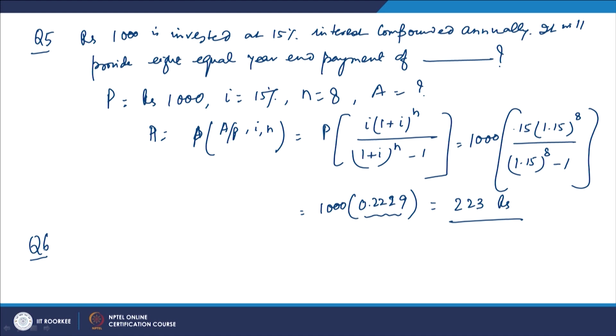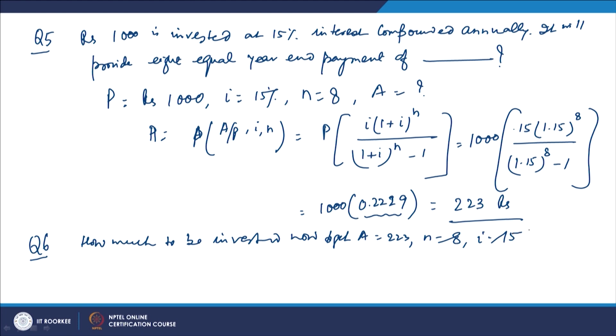For that, your P is required. How much to be invested now so that you get A as 223 for 8 year-end payments, and i is 15%.